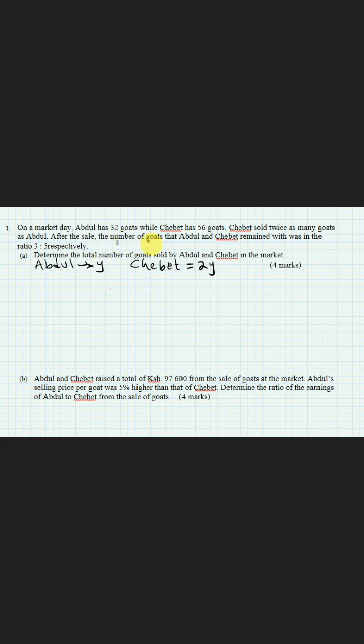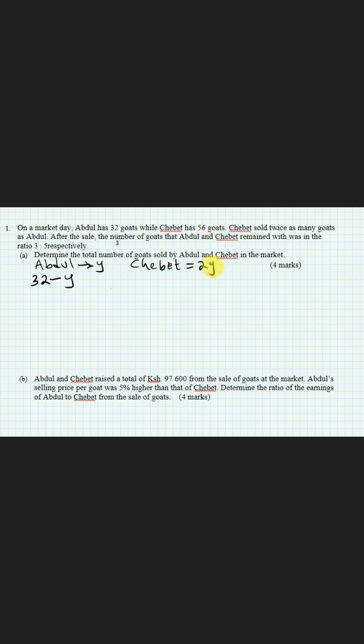So we are told the ratio of the remainder was 3:5 respectively. So let us now get the remainder. For Abdul, if this person sold Y goats, it means the remainder is 32 minus Y. For Chebet, we are told that initially this person had 56 goats.